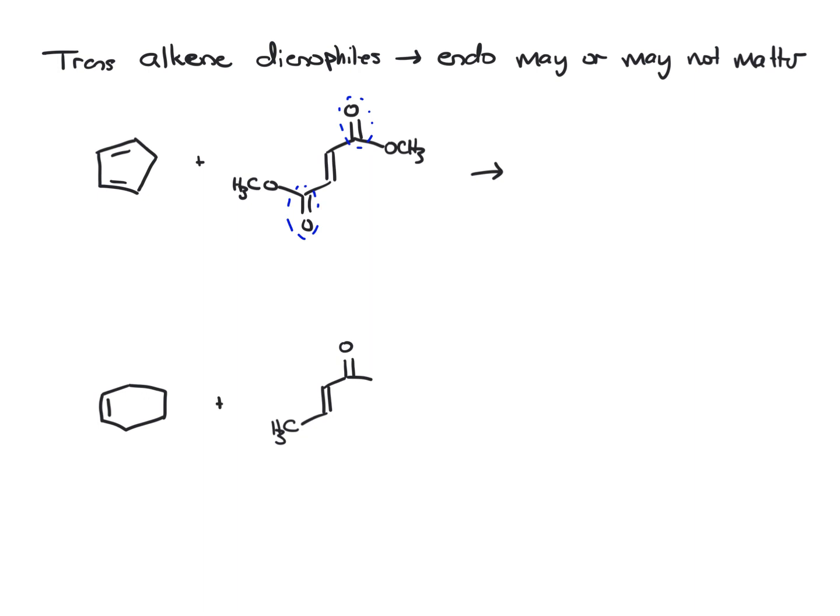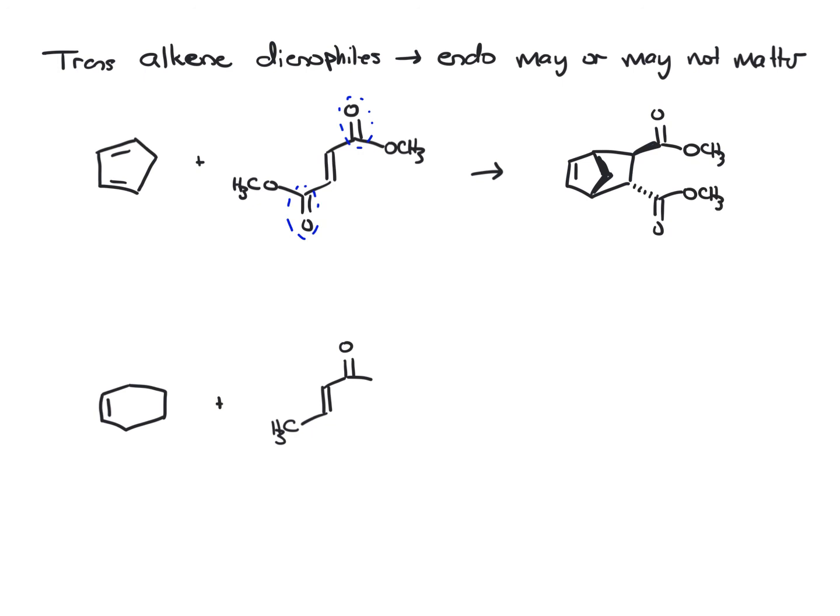If we draw our product, here's our six-membered ring. Here's our bridge. We're always going to have one of the ester groups pointing out and one pointing back.